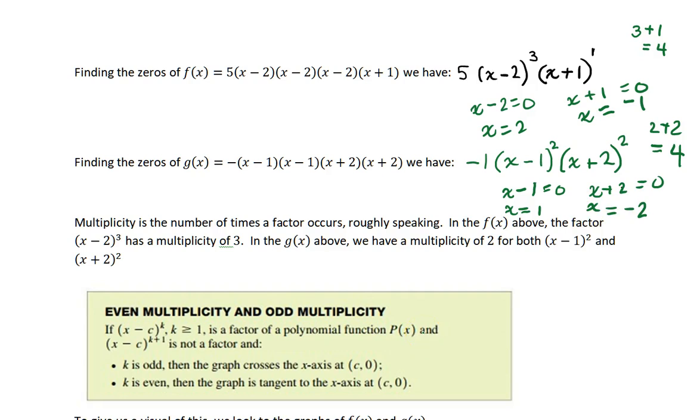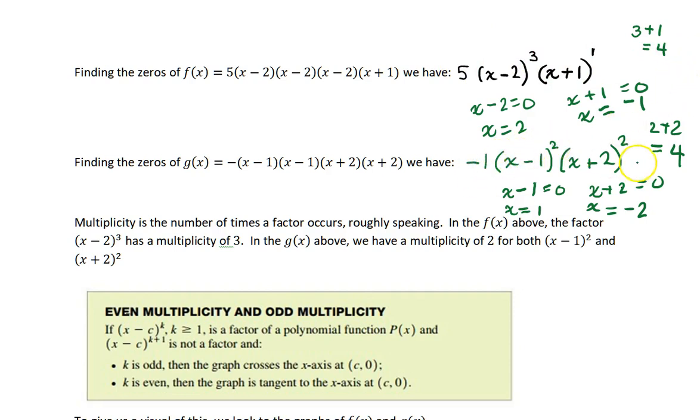In these cases, we're going to take a look at these actual graphs in just a second, but I wanted to make sure that we're understanding the difference between degree and multiplicity, right? For our degree, we have to take a look at all of the terms. So if this is to the 3rd power and this is to the 1st power, add those two together, I get my 4th degree.